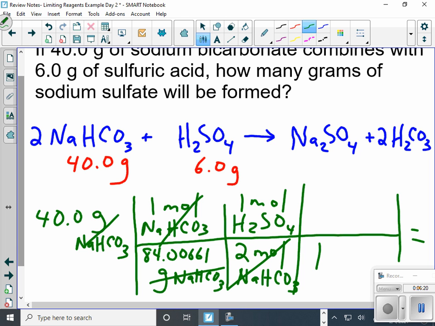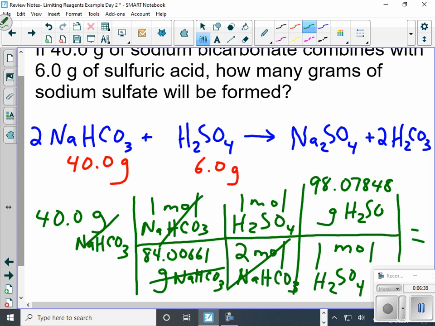And I know that 1 mole of sulfuric acid has a molar mass of 98.07848 grams. So my moles cancel there.